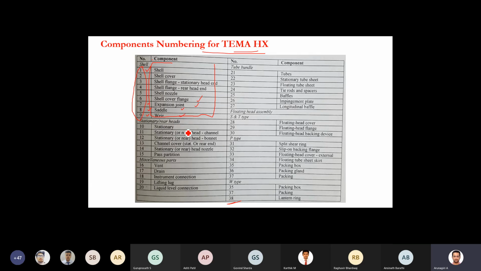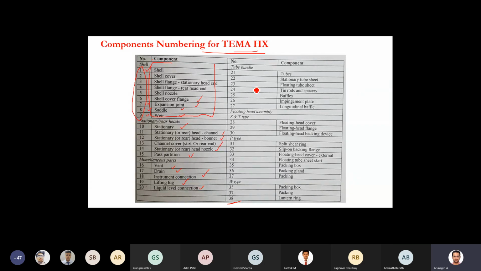In the front end heads you have the stationary head channel, or it may be a bonnet, or channel cover, stationary head nozzle, then pass partition plates. Similarly, miscellaneous components: vent, drain, instrument connection, lifting lug, liquid level connection, those things.